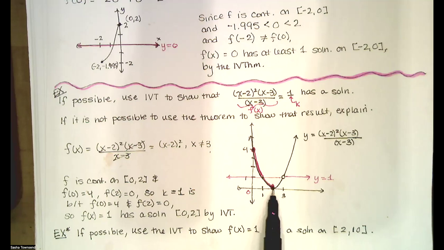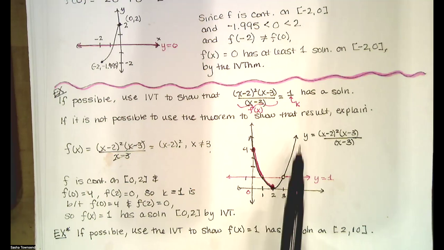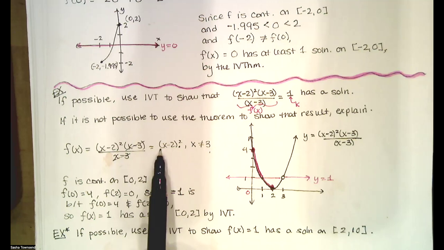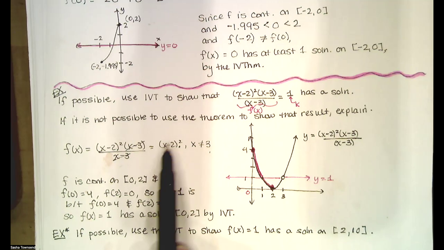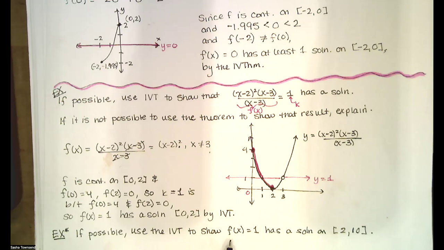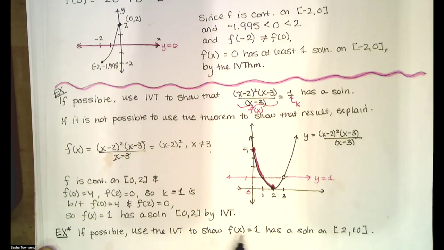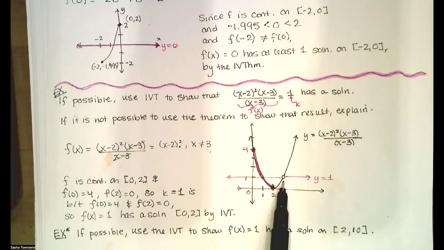So we would evaluate the function at 2, we'd get 0. Evaluate the function at 10, we get 10 minus 2, it's 8 squared, so we get 64. And then we'd say, can we use the theorem to show that f of x equals 1 has a solution? Well, we can't, because on the interval from 2 to 10, we have a discontinuity at x equals 3.